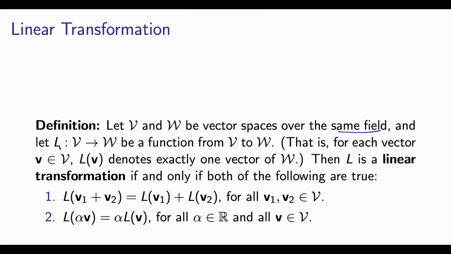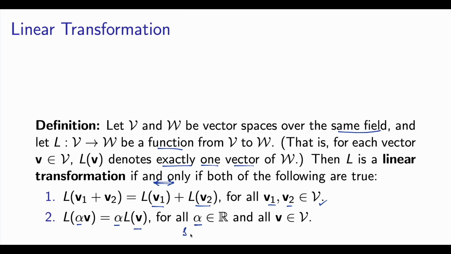And the transformation L from V to W is a function or map from V to W. That is, for each vector v in V, L(v) denotes exactly one vector of W. Then L is a linear transformation if and only if the following two conditions are true: L(v1 + v2) = L(v1) + L(v2) for all v1, v2 in V, and L(alpha v) = alpha times L(v) for all alpha.